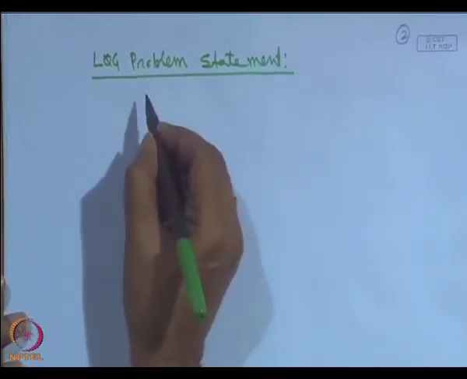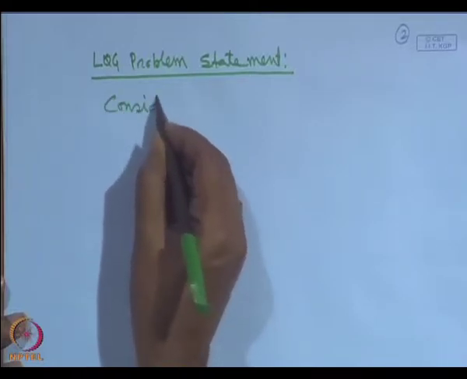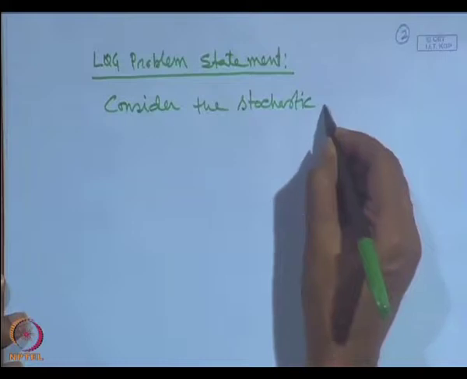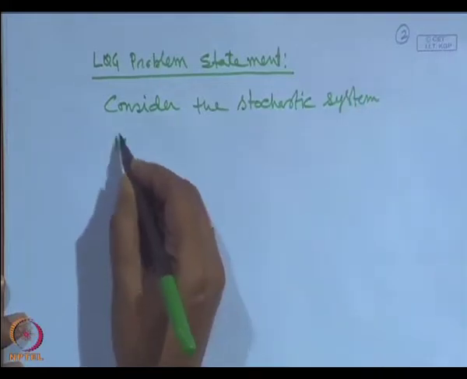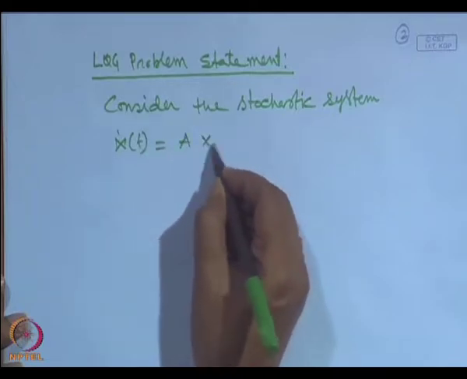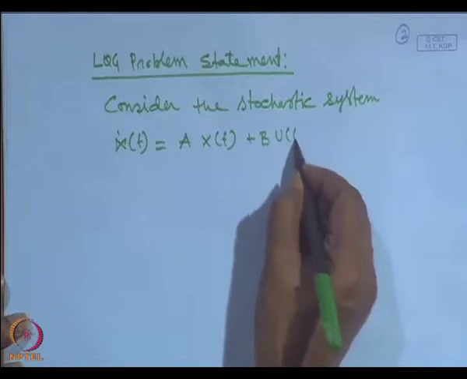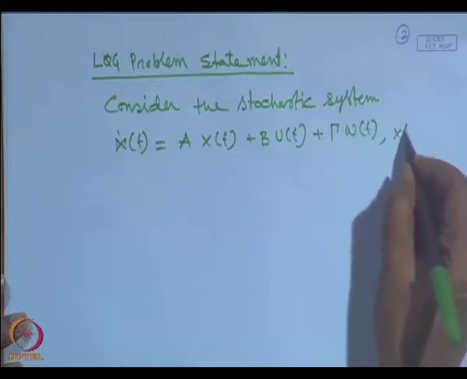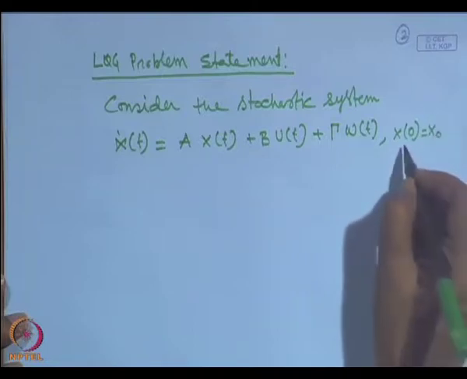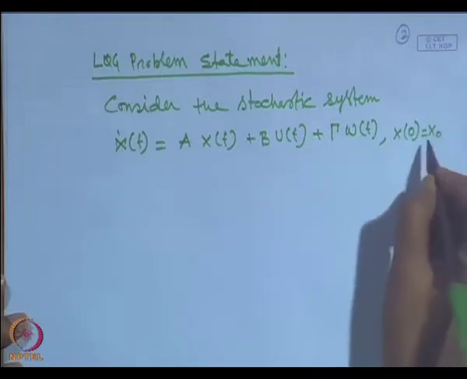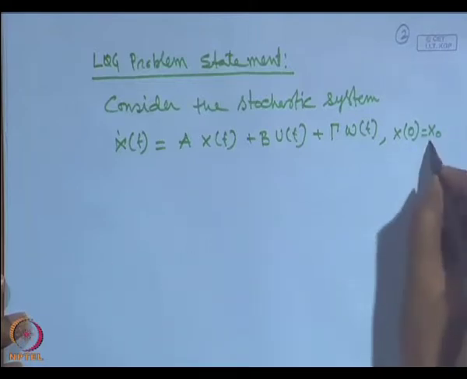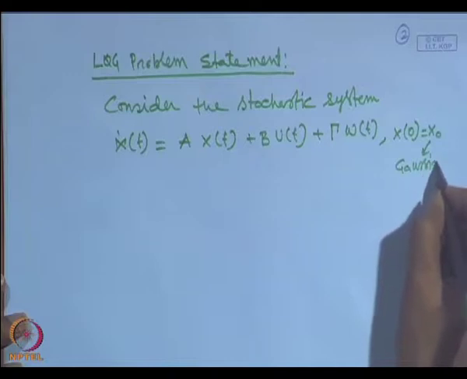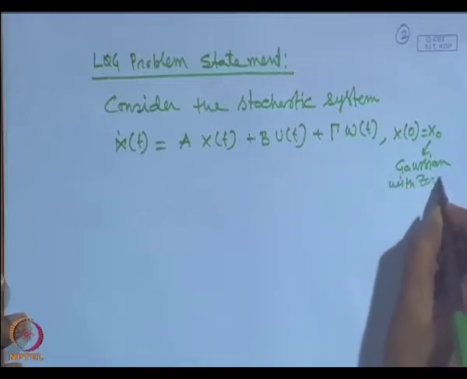Consider the stochastic system x dot of t equals A x of t plus B u of t plus gamma w of t, and the initial state x 0 is given, which is random in nature. This is Gaussian with 0 mean.